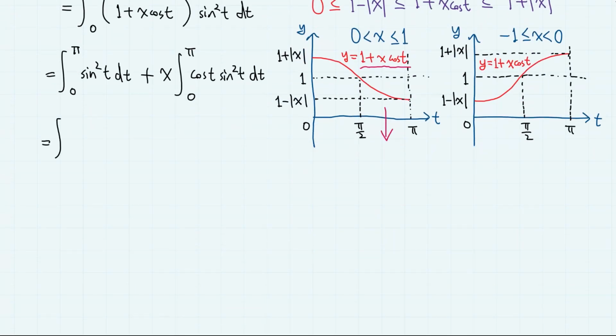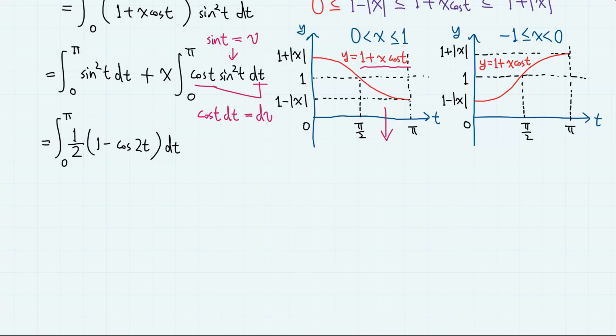In order to carry out the first integral, we apply the trigonometric half-angle formula to change sine squared t into 1/2 times 1 minus cosine 2t. As for the second integral, let's use the substitution sine t equals v. This gives cosine t dt equals dv. So this right here is dv. So it is x times the integral of v squared dv, but what would be the interval?